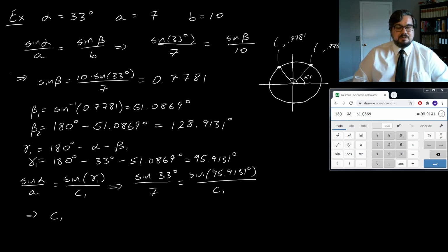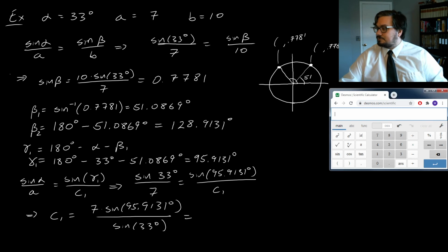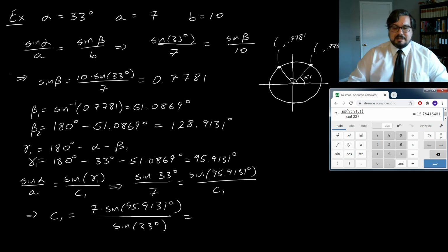So from this we can conclude that C1 is equal to 7 times sine of 95.9131 degrees over sine 33 degrees, which we can plug into our calculator: 7 times sine of 95.9131 divided by sine of 33 degrees, from which we get that C1 is 12.7841.